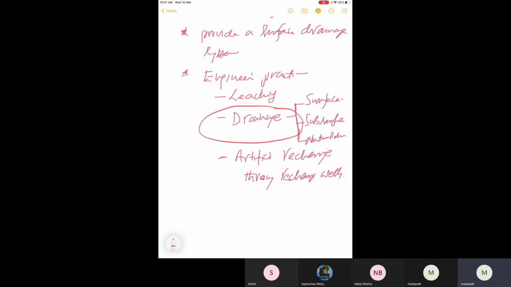Okay. So generally the drainage will be provided if there is a problem constantly through the whole year, right? Suppose it is for the short term, for example, the field is inundated, or let's say the field is waterlogged for, let's say, 1 month. You don't need to provide a drainage system for that. Okay.